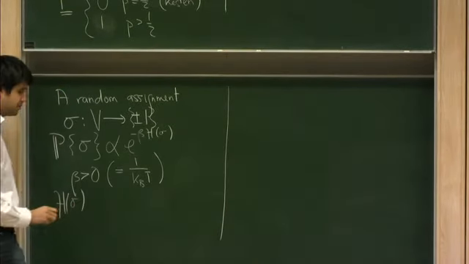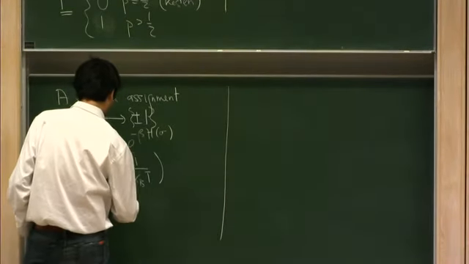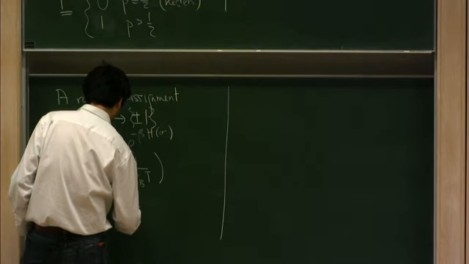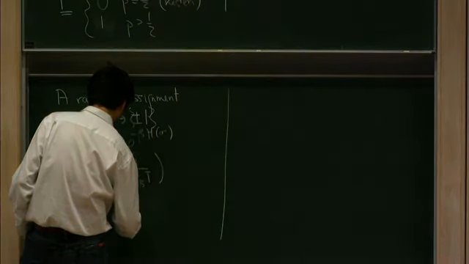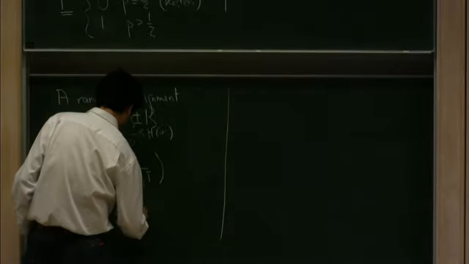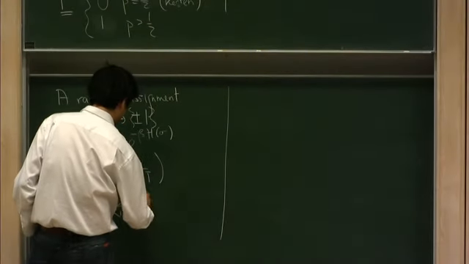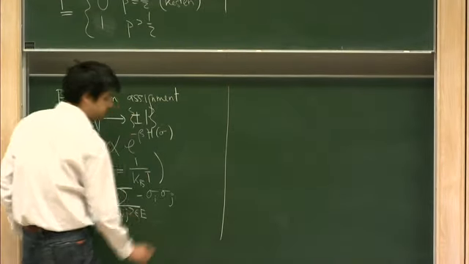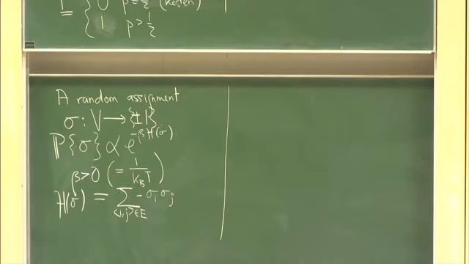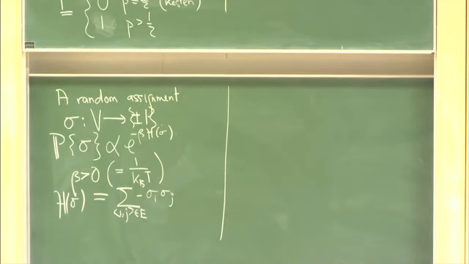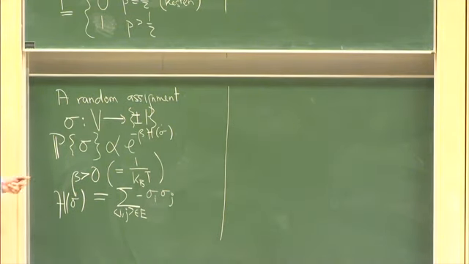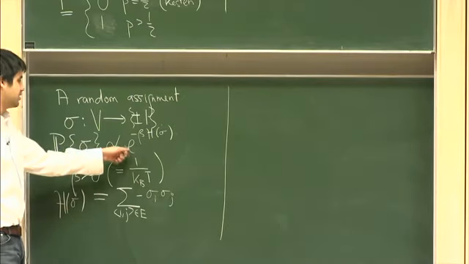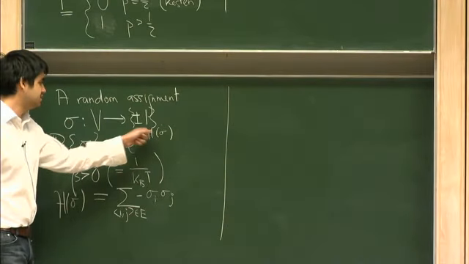is the energy of the configuration, which is defined as the sum over all the edges of the graph of minus the product of the spins at the endpoints. So you have a collection of +1, -1, and to determine what is the chance of seeing that very collection, you take the exponential of -beta times the energy.